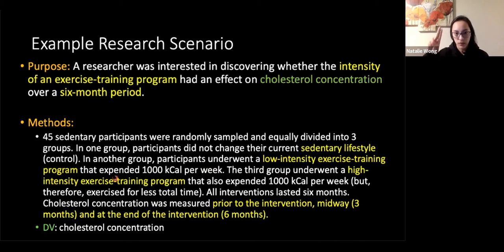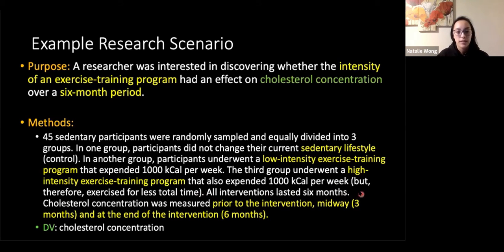So that's our second level. And then the third group underwent a high intensity exercise training program that also expended 1,000 kilocalories per week, but therefore they exercised for a less total amount of time just because they're working harder or at a higher intensity. So that would be our third level for our intensities.